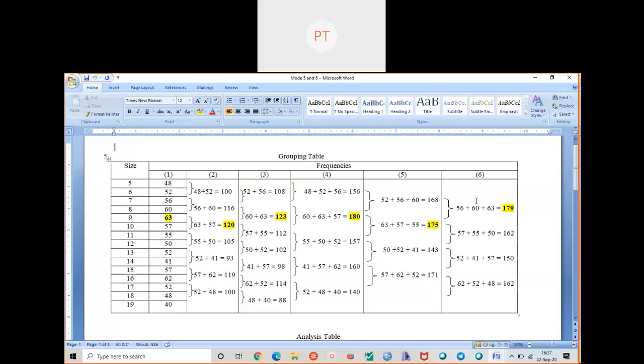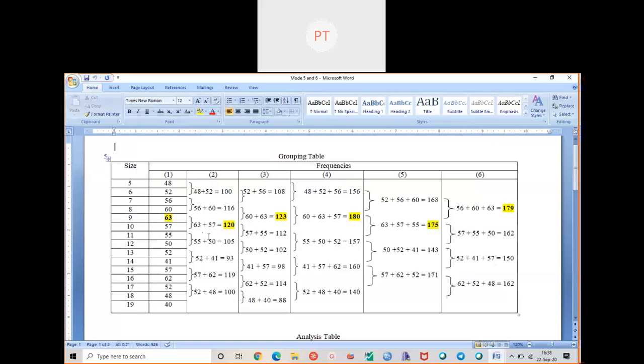Column number 3 is the sum of the second and third frequency. Column number 4 is the sum of the first, second, and third frequency. Column number 5 is the sum of the second, third, and fourth, whereas column number 6 is the sum of the third, fourth, and fifth.